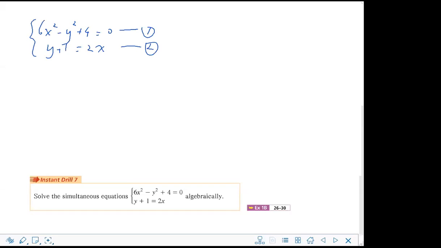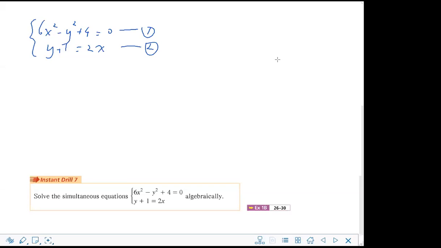From equation 2, we want to change the subject to either x or y. Okay, so you see that x has a coefficient of 2, so we do not want x to be the subject. So we will change the subject to be y.